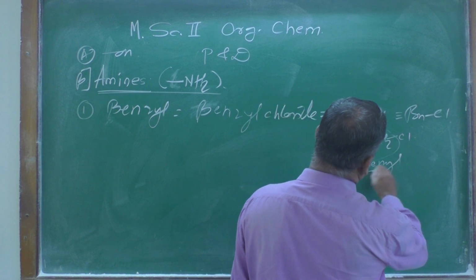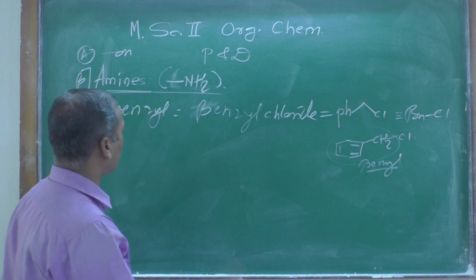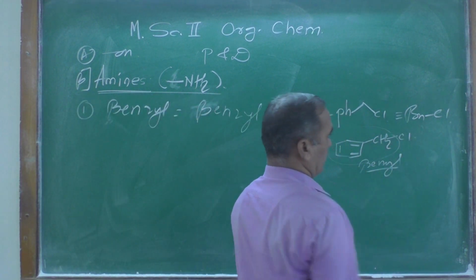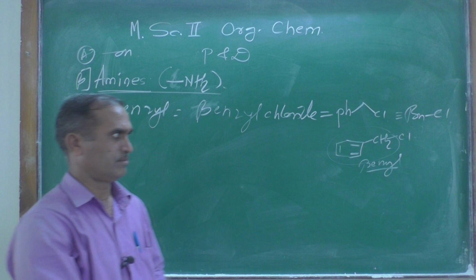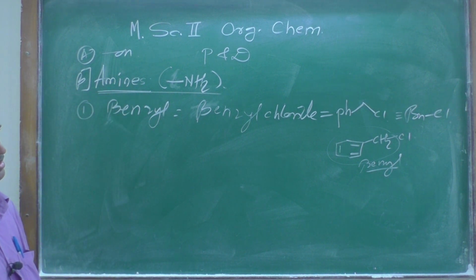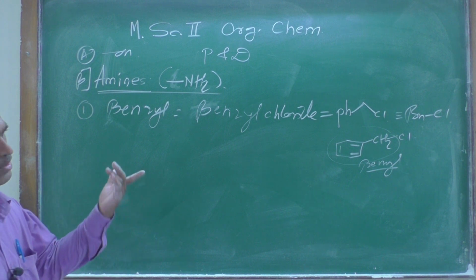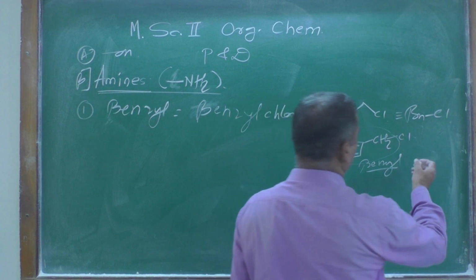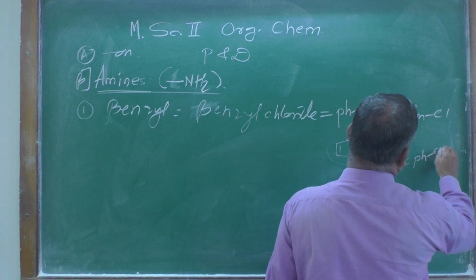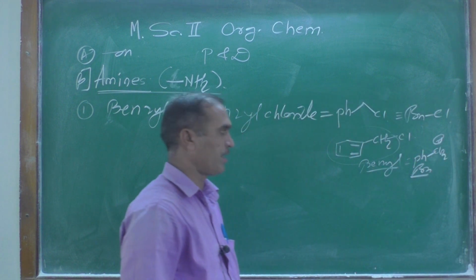This benzyl is what you get when the chlorine atom leaves, taking its bonding pair along with it, and you get Ph-CH2 positive, and that's why we call it benzyl here, right?